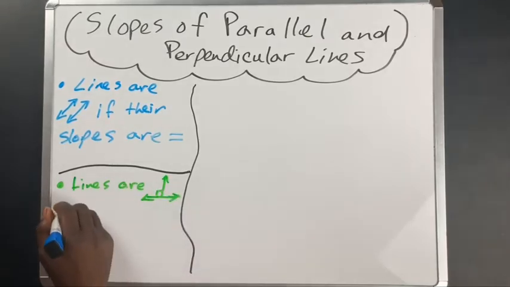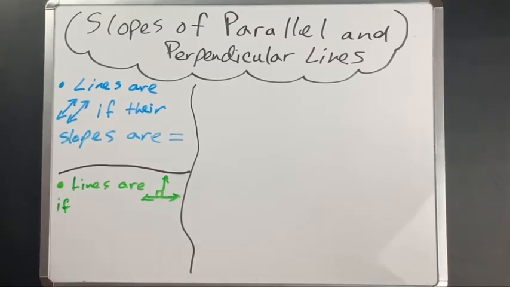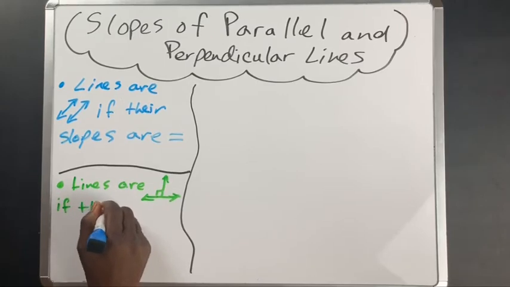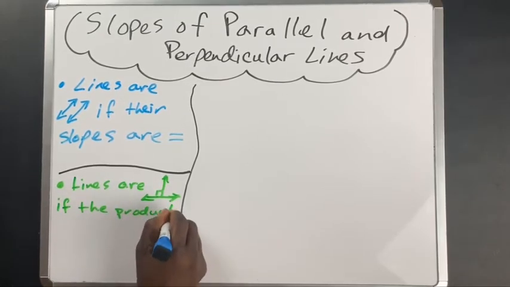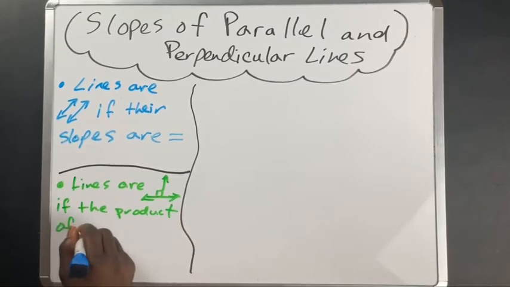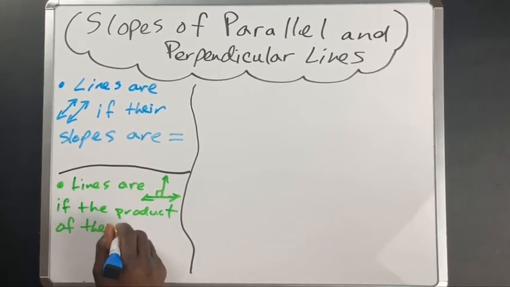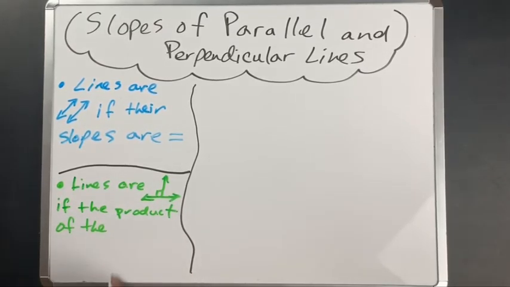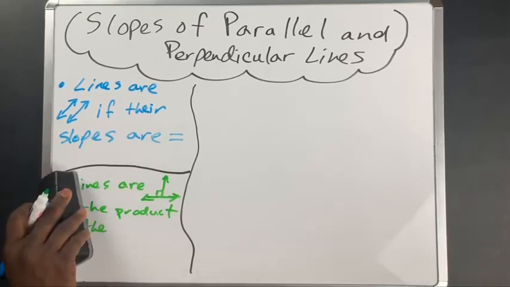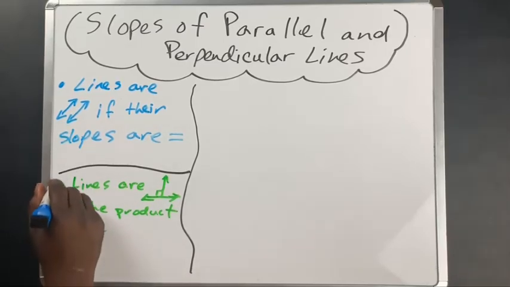Lines are perpendicular if the product of their slopes equals -1.